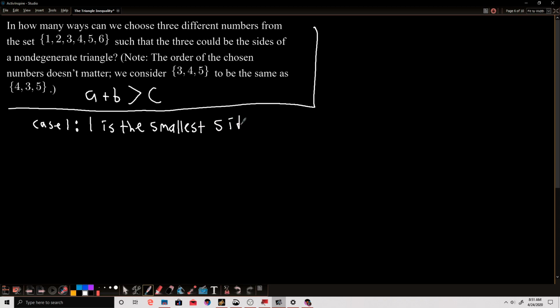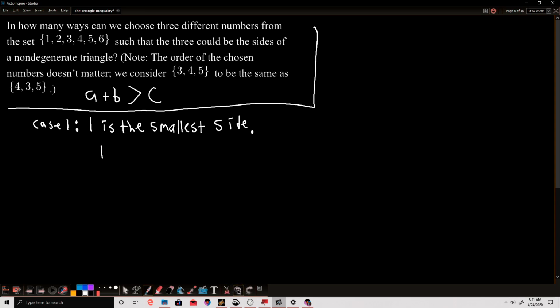If 1 is the smallest side of the triangle, well, let's try out a few combinations. We could do 1, 2, and 3. So 1 plus 2, we want that to be greater than the third side, 3. But as we can see, this is not true. So that combination would not work. And from here, it should be obvious that we're not really going to get anything to work. So we could try 3 as the next side and 4, but that's not going to work either.